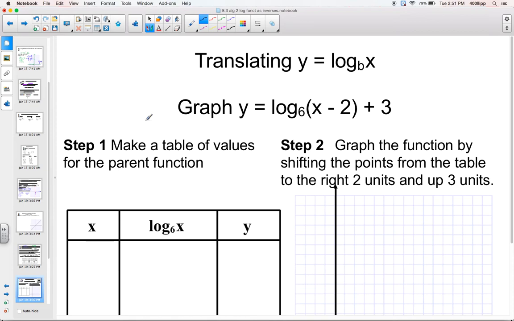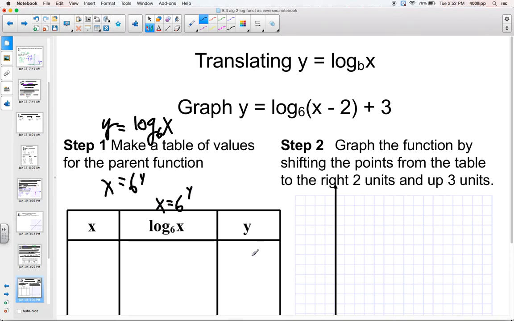Here we go. So we're going to start with making a table of values for the parent function. So the parent function is y equals log base 6 of x, which is the same as writing 6 to the y is equal to x, right? So this is the same as writing all of that out. So x equals 6 to the y.